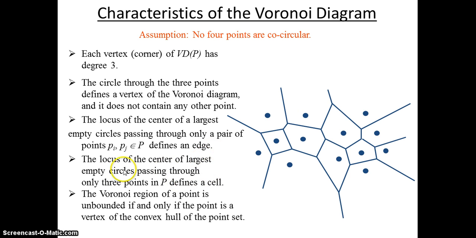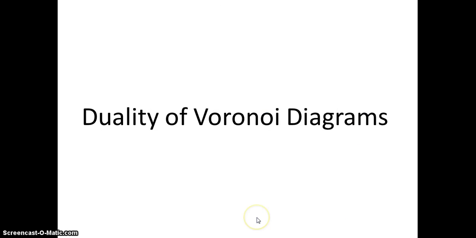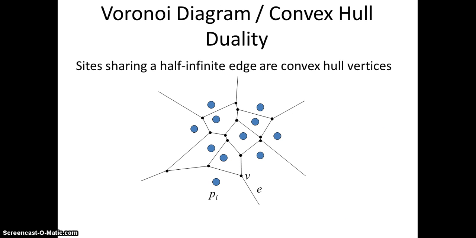The locus of the center of a largest empty circle passing through only 3 points in P defines a vertex. The Voronoi region of a point is unbounded if and only if the point is a vertex of the convex hull. Let us see how. This is the duality.